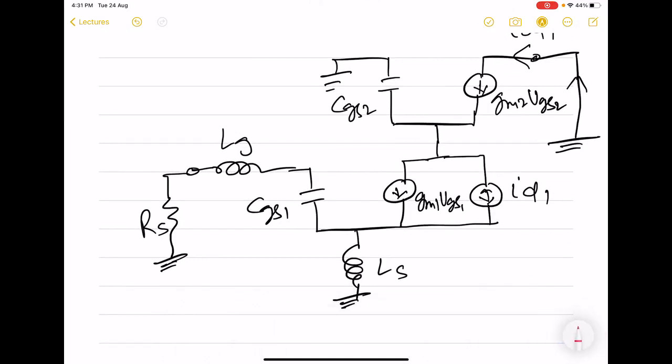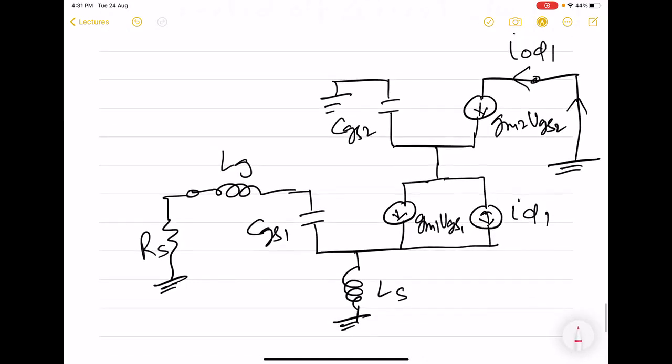Now there are various currents involved here. We will have to again label them. So this is again going to be IO D1, and this splits into two currents. We will be calling them IA, IB. IB further splits into two currents, say I1, I2, and we again have IB here, which gets divided into again two currents, I3 and I4.